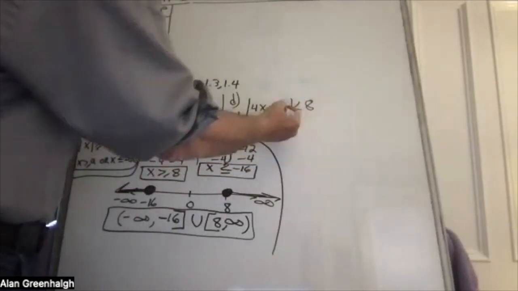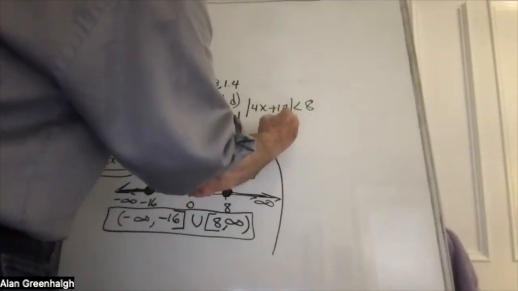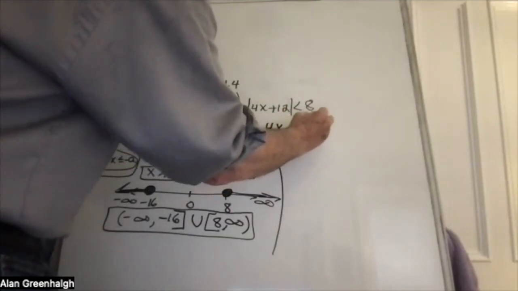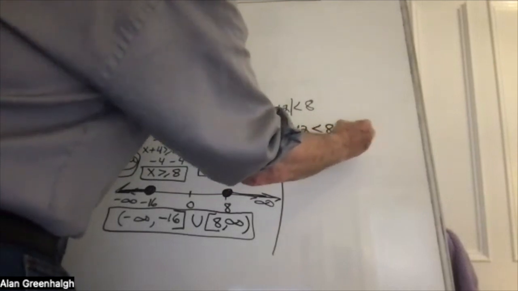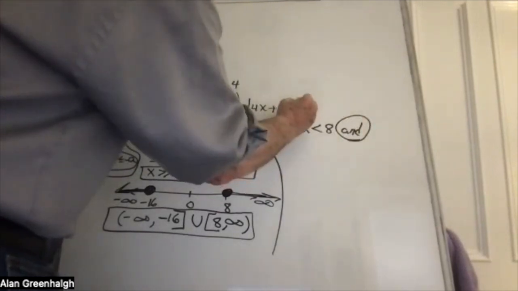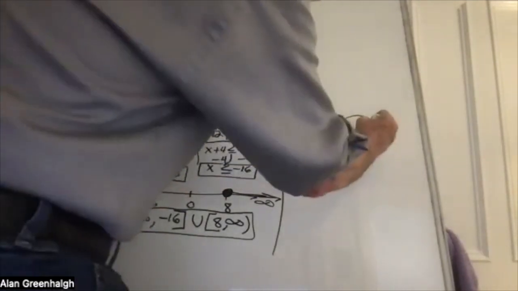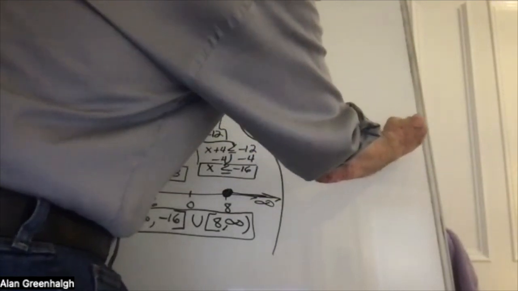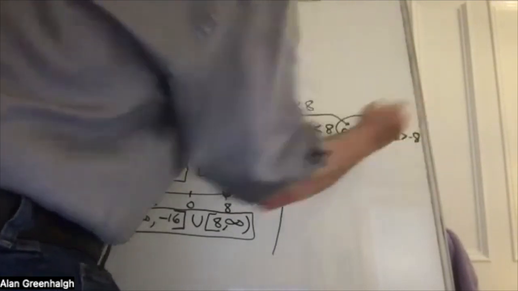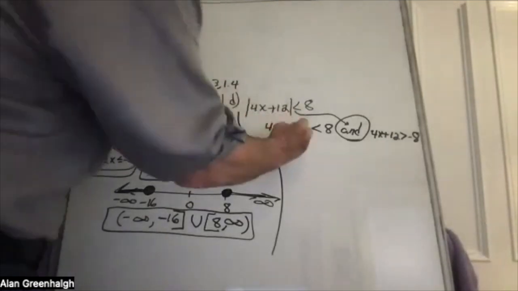So we move on to the next one. And if it's less than, then that will mean that 4x plus 12 is less than 8, and this less than sign implies that it's going to be an and: 4x plus 12 is greater than negative 8. And let's solve them.